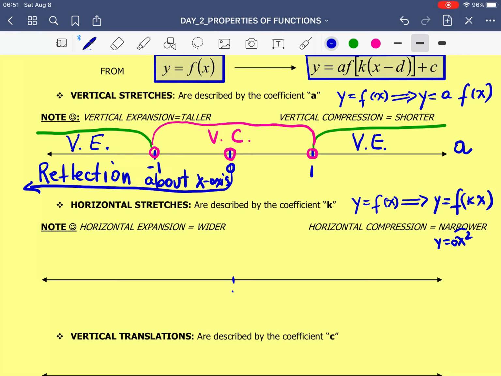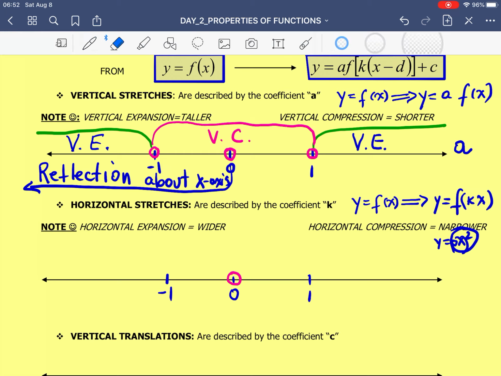So if you multiply x by 0, then the x squared term won't exist anymore. So if k is 0, that changes the nature of the function. So we are going to exclude that value from our discussion of coefficient k. Now, if k equals 1 or negative 1, there won't be any stretches caused to the function.